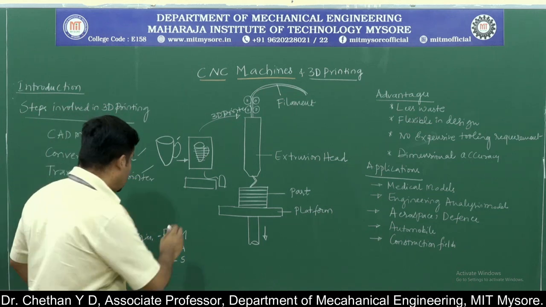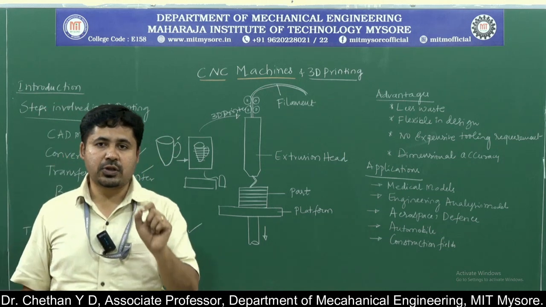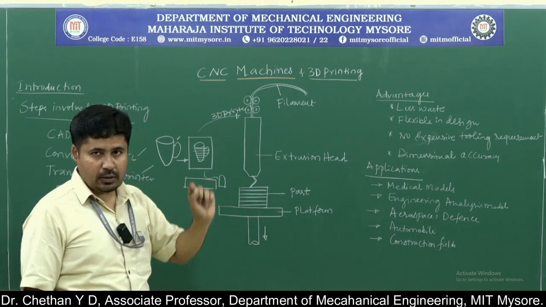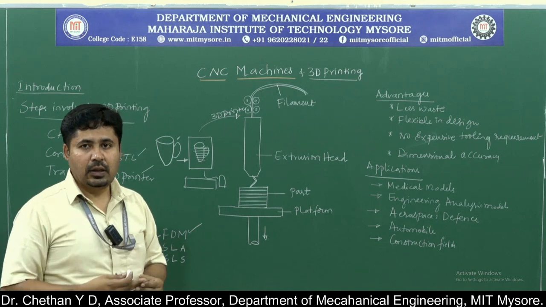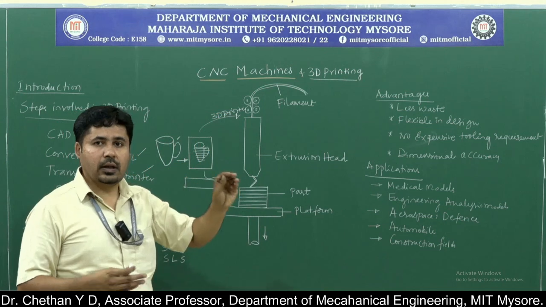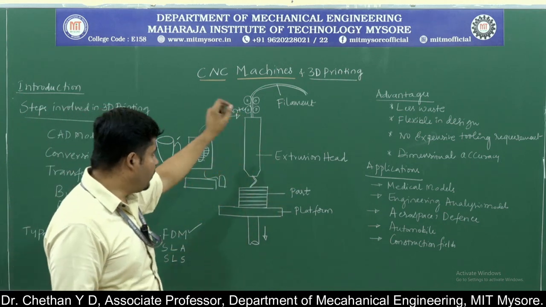Let me take the first technology, FDM, fused deposition modeling, where the raw material is filament, for example thermoplastics such as ABS and nylon. These are the different materials, including composite materials, and you can have them in the form of filament.